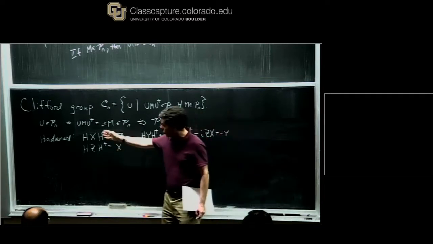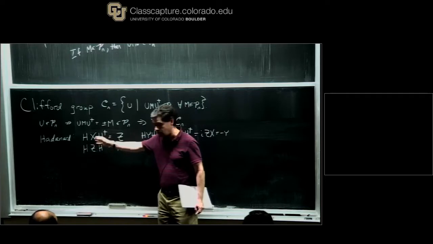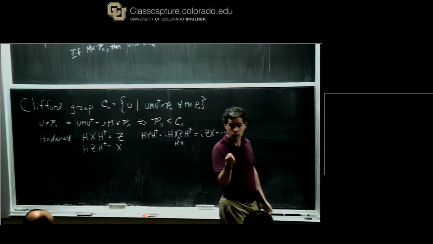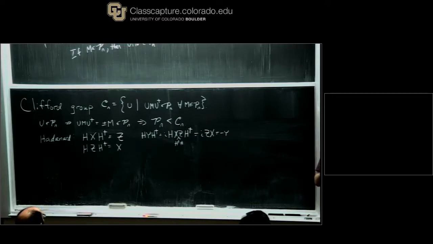And more generally, if we're working on 2 qubits or 3 qubits or n qubits, that means we only have to look at the generators of the Pauli group: X on qubit i, Z on qubit i, with identity on the others. Okay? So that's nice. So instead of having to look at all 4 to the n elements of the Pauli group modulo phases, we only have to look at 2n such things.